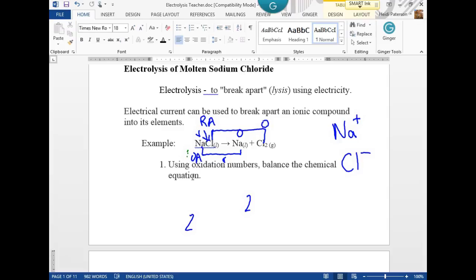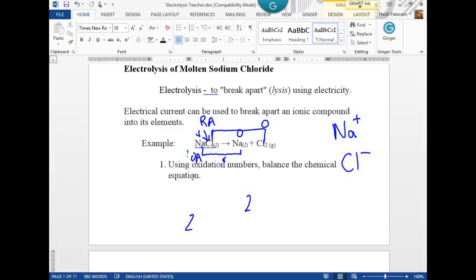Positive is on the right hand side. Okay, did you find it? That's Cl right there. And here's the Na. Okay, so which one is higher? Definitely Cl. So the oxidation reaction's higher.